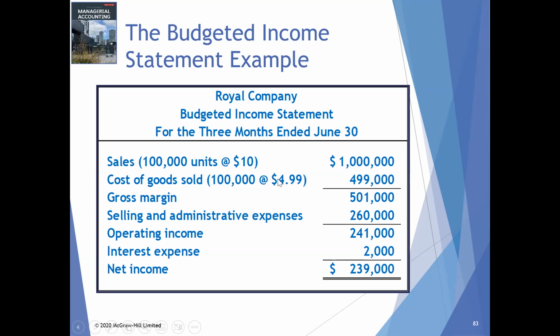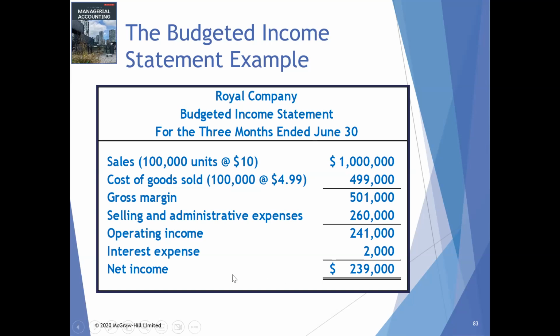Cost of goods sold, we calculated 499,000 for this many units, and this is the margin, the gross profit. Selling and administrative expenditures we are going to deduct here. Then operating income minus interest expenses is the net income. We will have 239,000 that we have calculated.